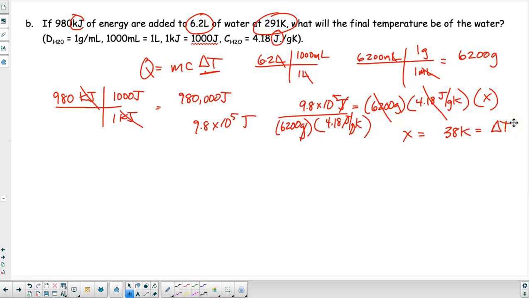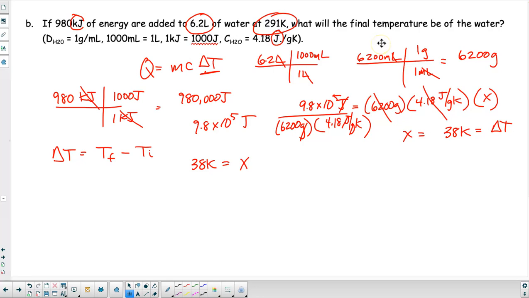Okay, so now notice the problem is asking, what is the final temperature of the water? It didn't ask for the change, it asked for the final temp. Well, we know that the change in temperature is essentially the final temperature minus the initial temperature. And so we know the change was 38 Kelvin. We don't know the final temperature. That's what we're trying to solve for.